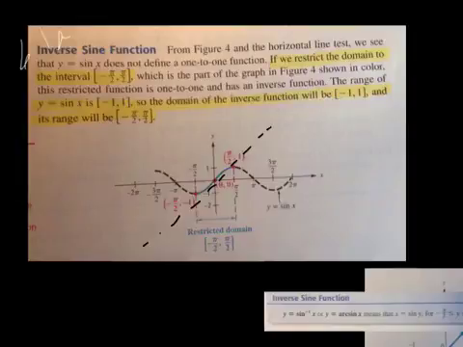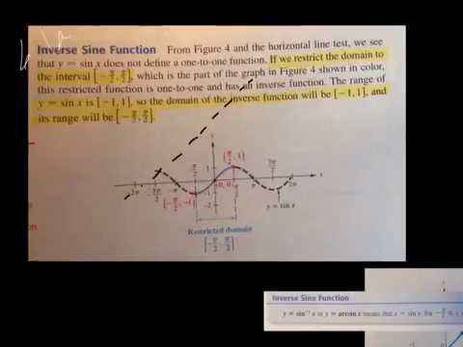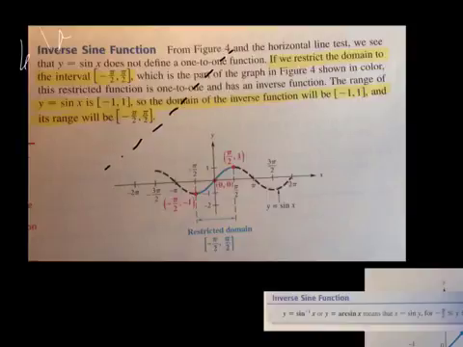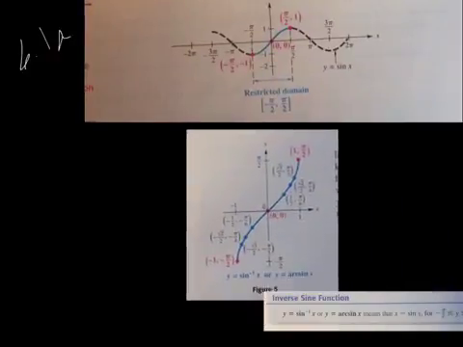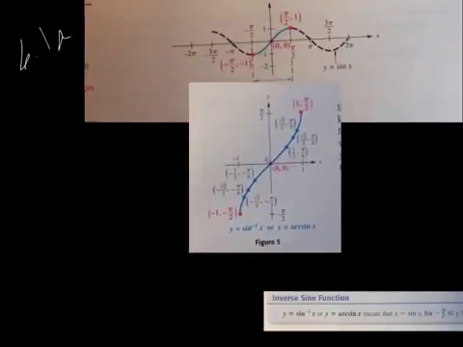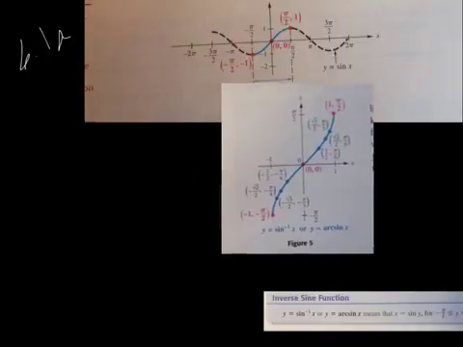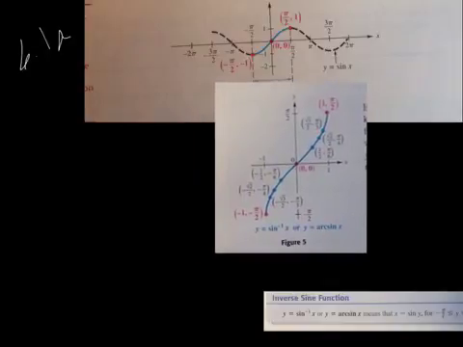So they're going to take this sine wave and flip it across the line. Alright, let's look and see what it does when we flip it. Okay, so that's with it flipped across that 45-degree angled line there. And that's our inverse. And what happens is our inverse then looks like this.